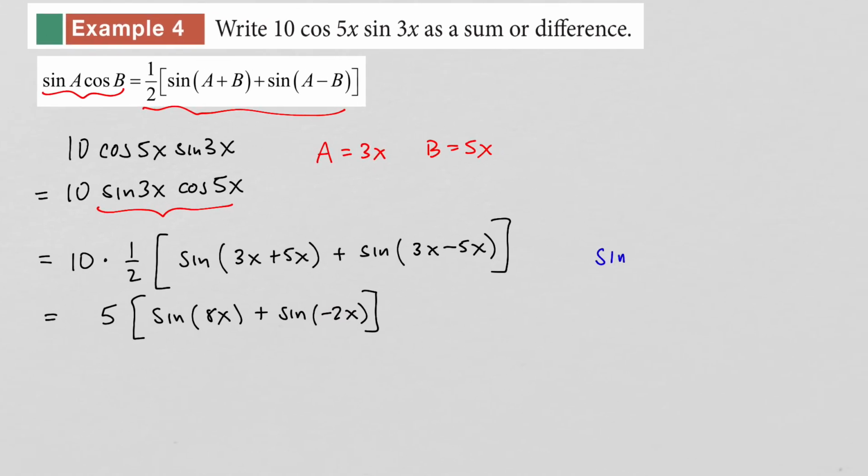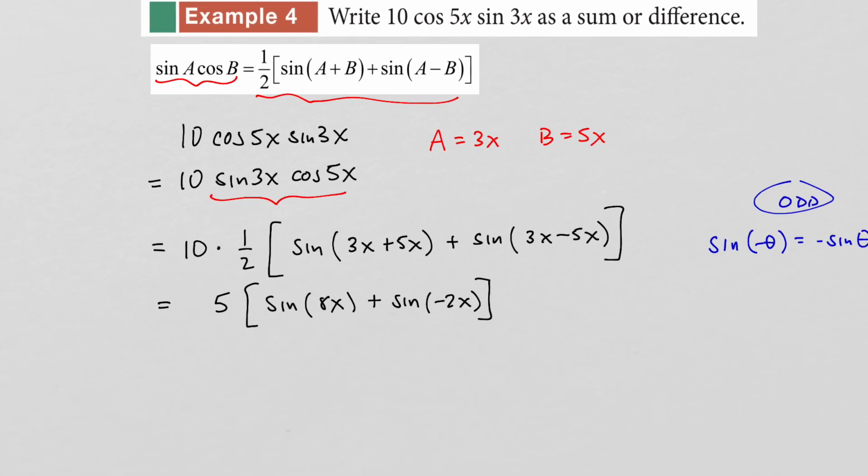So let's remember that sine of negative theta is the same as negative sine of theta. And this is because sine is an odd function. So what that means down here is that I have 5 times sine of 8x, and then this expression here becomes negative sine of 2x.